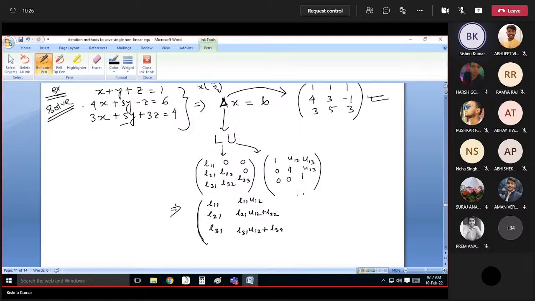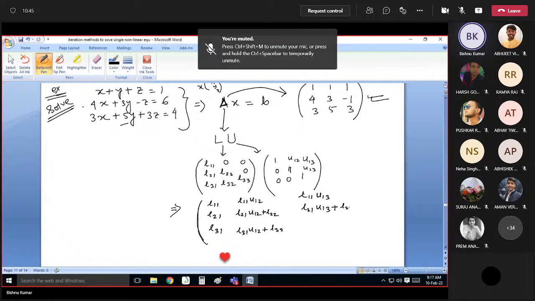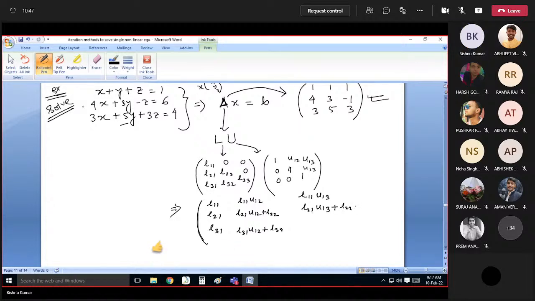Here, L11 U13, L21 U13, L22 U23, isn't it?